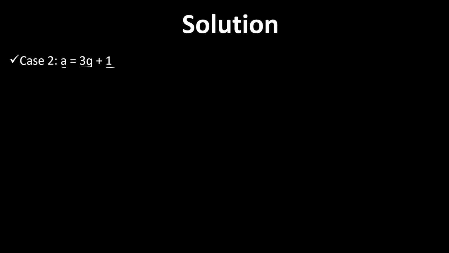If we take cube on both the sides, it will be a cube is equal to 3q plus 1 whole cube. So how to evaluate this?